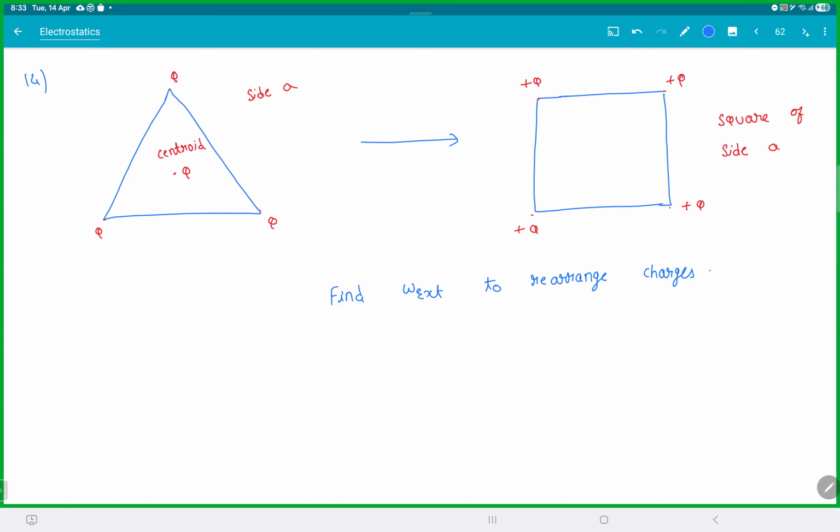It's a simple, straightforward question on how to find the energy when you have more than two charges. How do we do this?